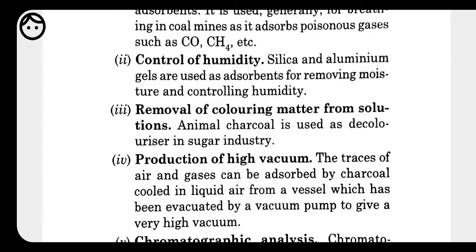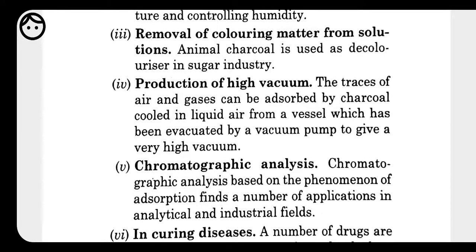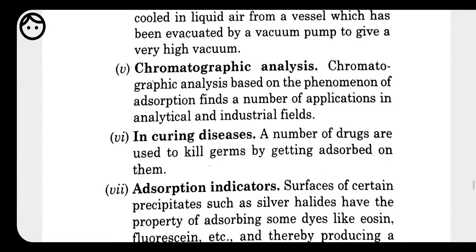Another application is the production of high vacuum. To keep an atmosphere vacuum, no gases should be present on that surface. Here also we can use charcoal because it has the ability to adsorb all the gases present. Chromatography and its use in curing disease we will discuss later.